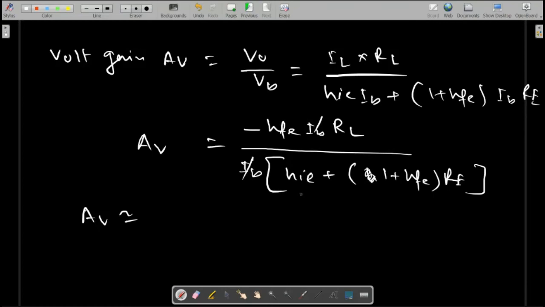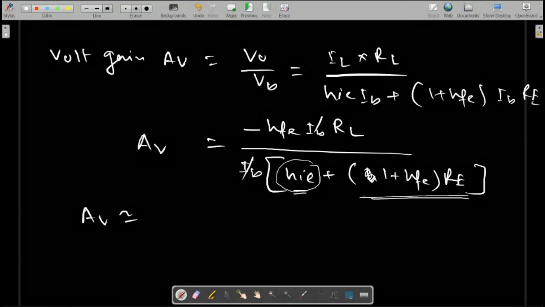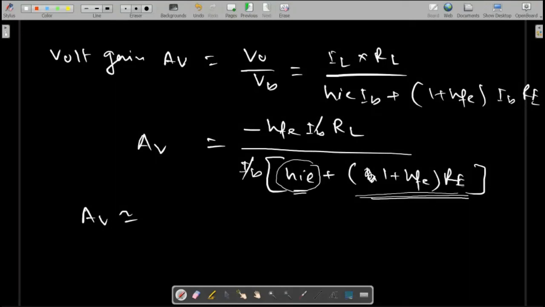Check the denominator term. HIE, the value is typically 1 kilo ohm. 1 plus HFE, that is typically 50, 51 in that range, into RE. RE typically 1 kilo ohm. So can I tell that the value of HIE is small compared to the second part? Because considering RE equal to 1 kilo ohm, this part will be approximately 50K and this part approximately 1.